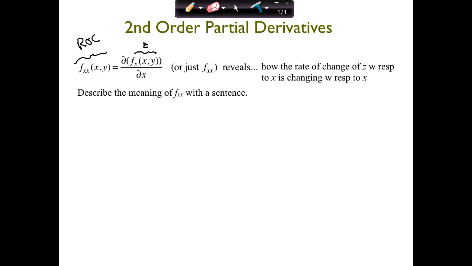Anybody else want to try? The rate of change is equal to the rate of change with respect to X. It sounded like you just recited this equation. Okay, let me try.